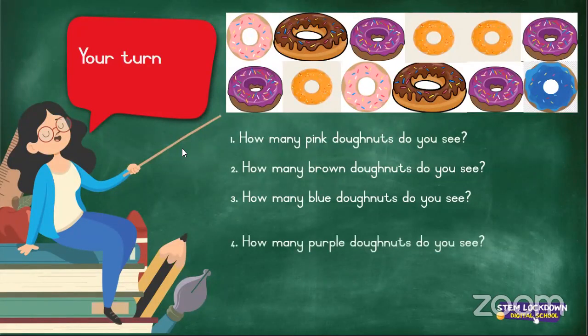Number 4, how many purple donuts do you see? And the last question, number 5, how many orange donuts do you see?